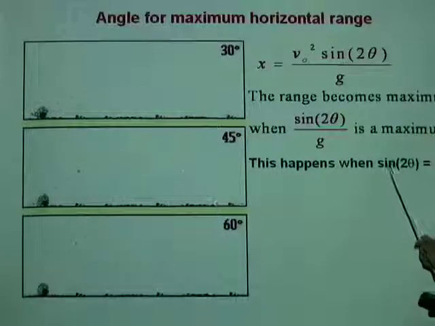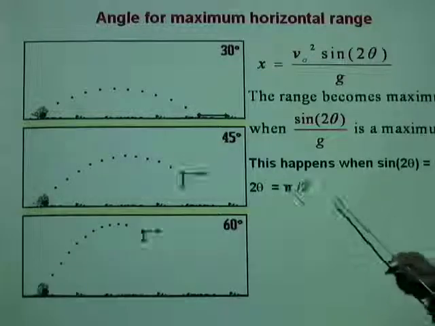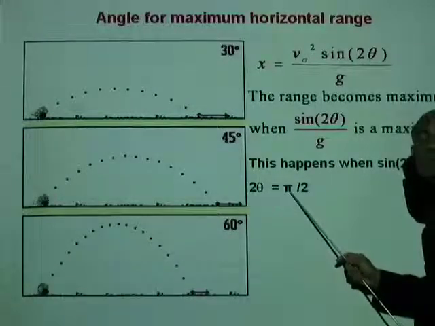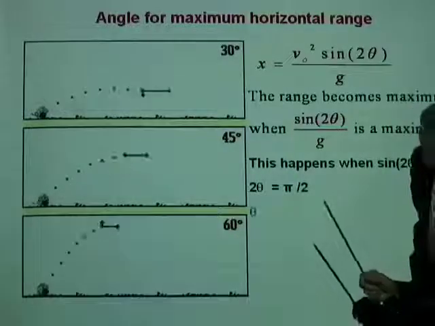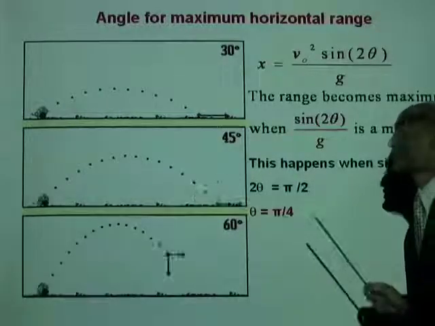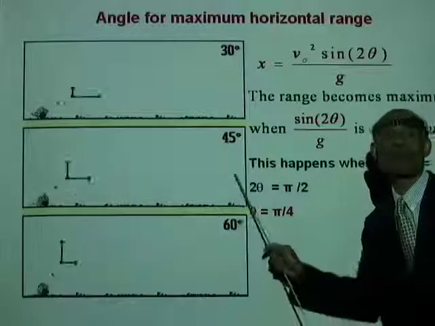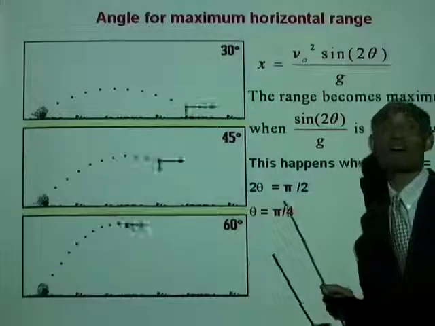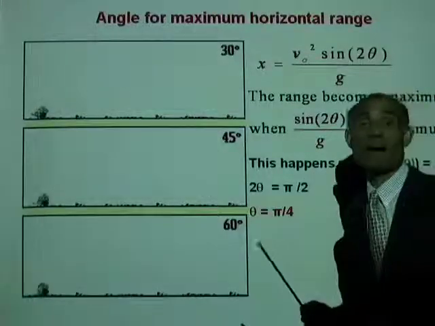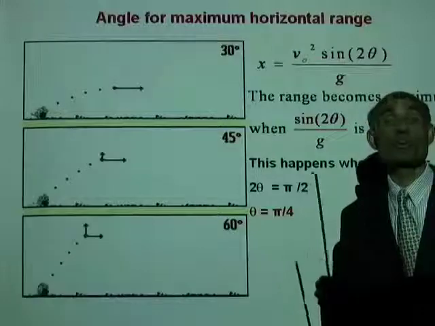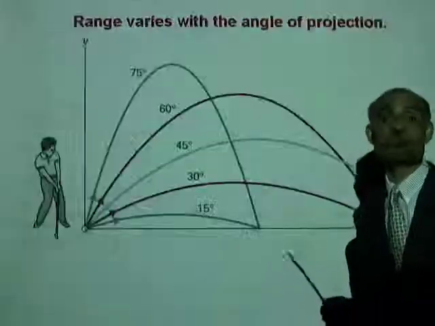So this happens when sine of 2 theta equals 1, or 2 theta equals pi by 2, which is 90 degrees. And therefore theta for maximum range is pi by 4, which is 45 degrees, right? You have to fire a projectile at an angle of 45 degrees in order to produce the maximum range.